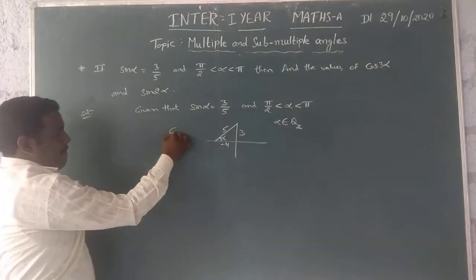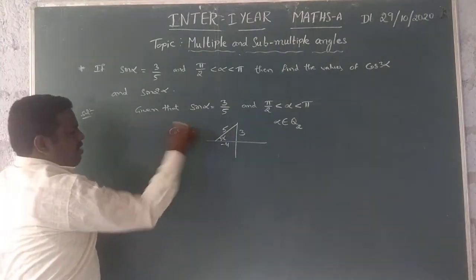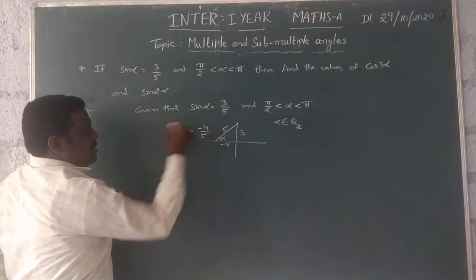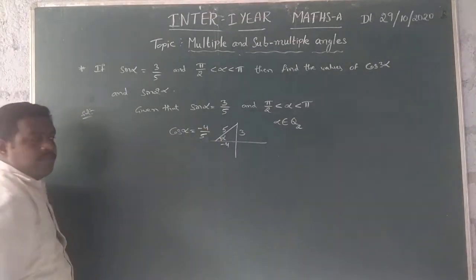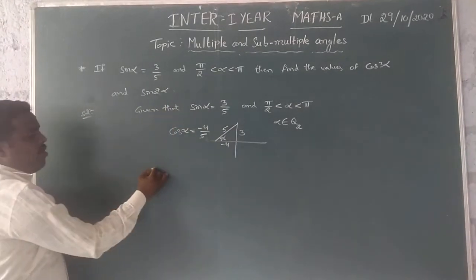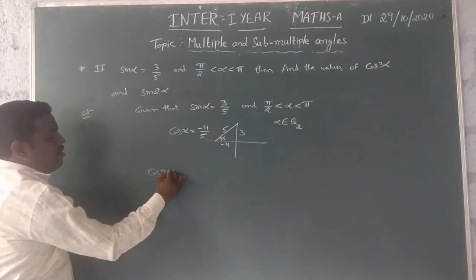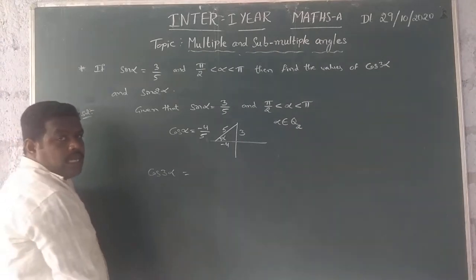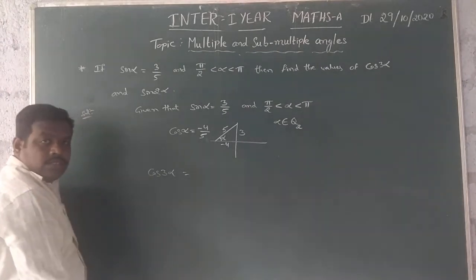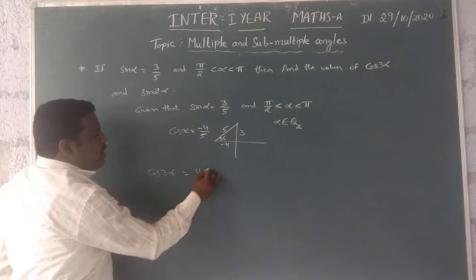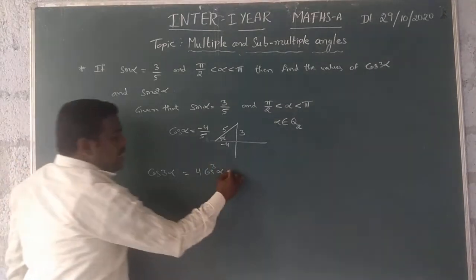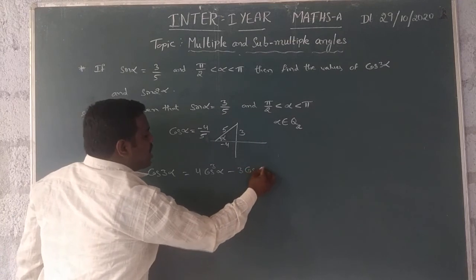From the figure, we can write the value of cos alpha: adjacent side by hypotenuse, minus 4 by 5. So first we find the value of cos 3 alpha. By the multiple angle formula, cos 3A can be written as 4 cos cube alpha minus 3 cos alpha.